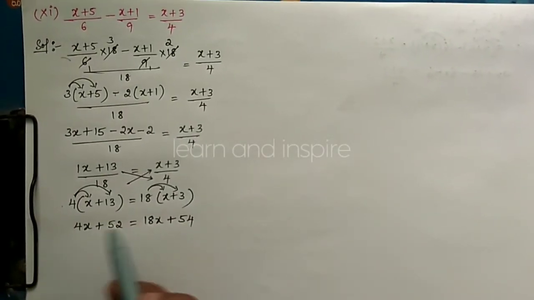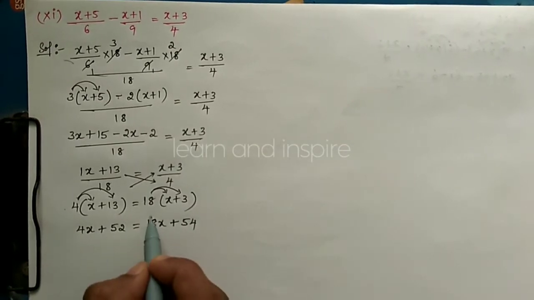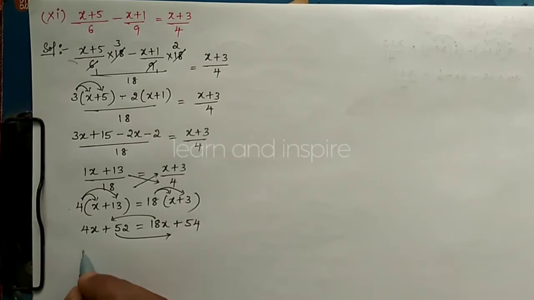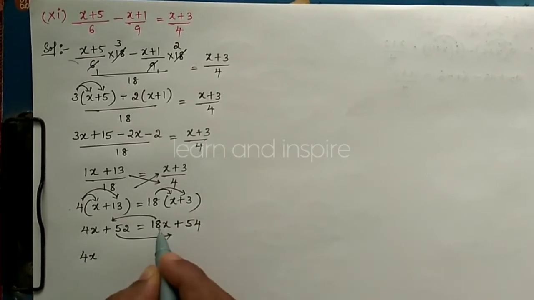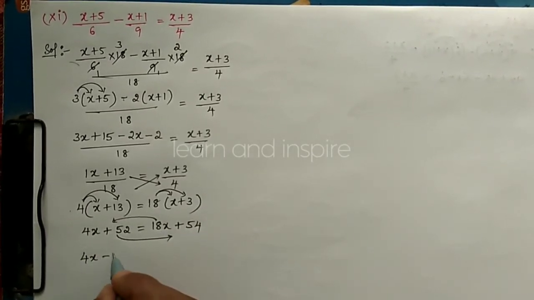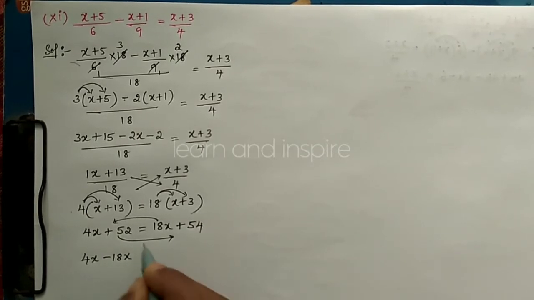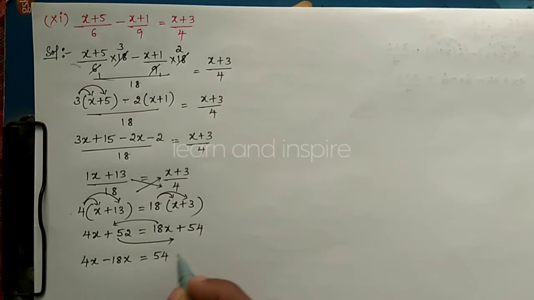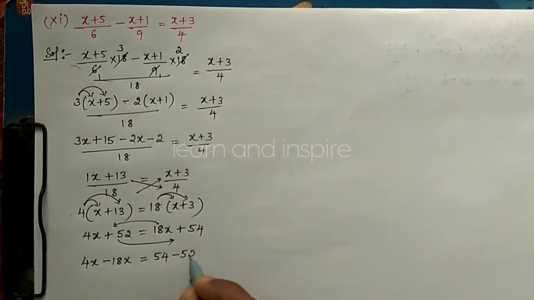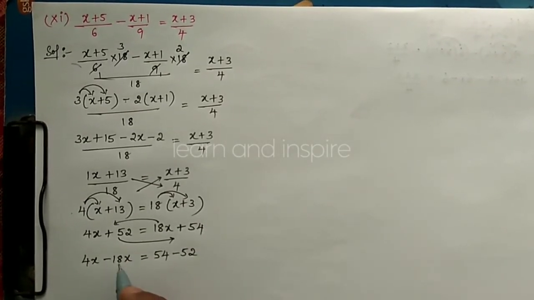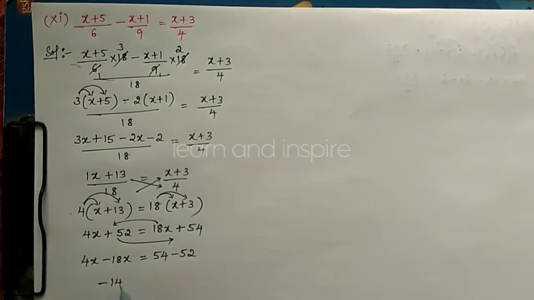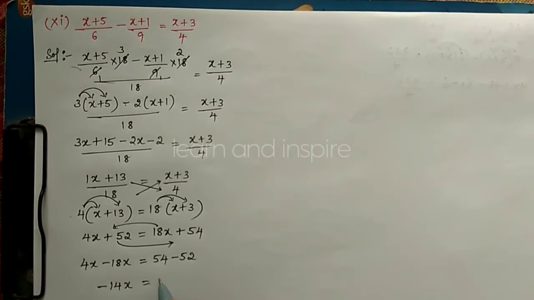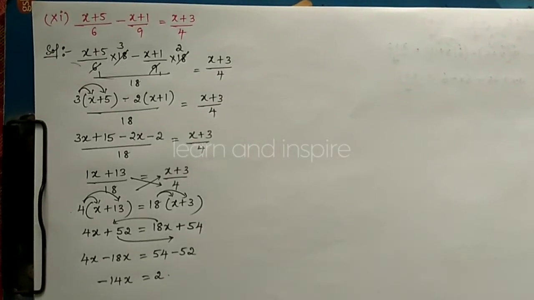Now as we have done many problems by transposing the variables to LHS and the constants to RHS, so it becomes 4x. If I transpose plus 18x, it becomes minus 18x equals to 54, right as it is, and by transposing plus 52 it becomes minus 52. 4x minus 18x is minus 14x equals to 54 minus 52 is 2.